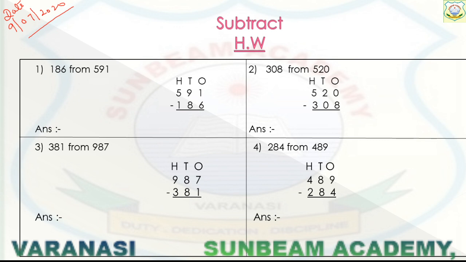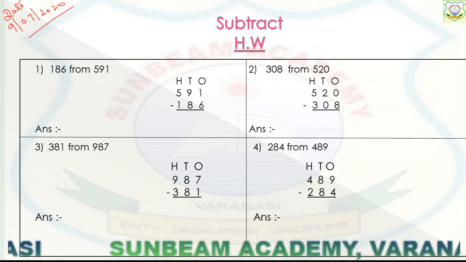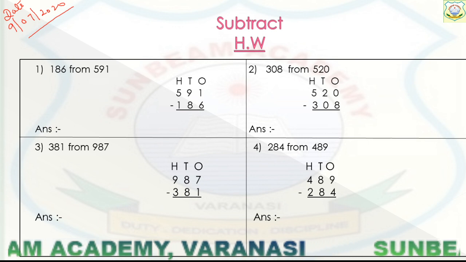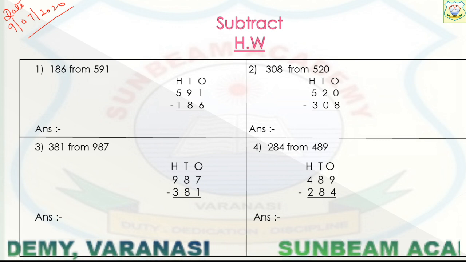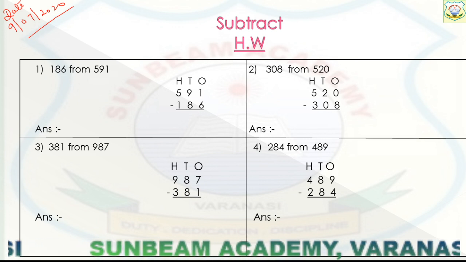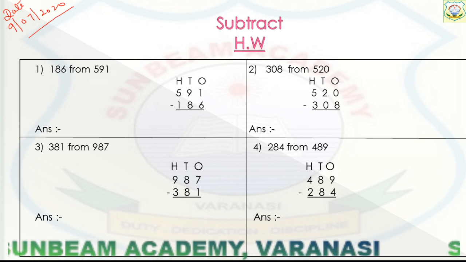So now, first one is 591 minus 186, right? This is the question.